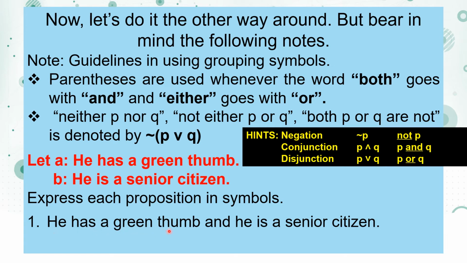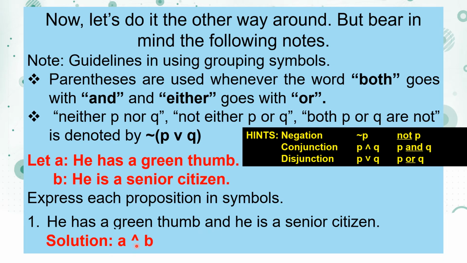He has a green thumb and he is a senior citizen. So, from the two propositions, yung he has a green thumb ay proposition A. So, isulat natin yung A. Then, we have here the word and. Ang and ay keyword for this symbol.